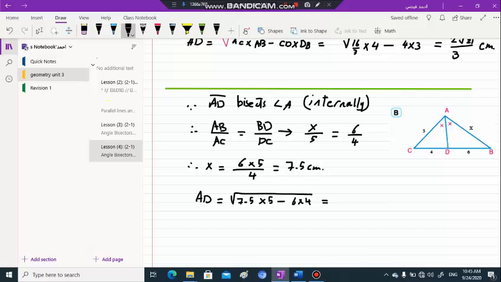We can calculate this value with a calculator. So it will equal 3 root 6 over 2.